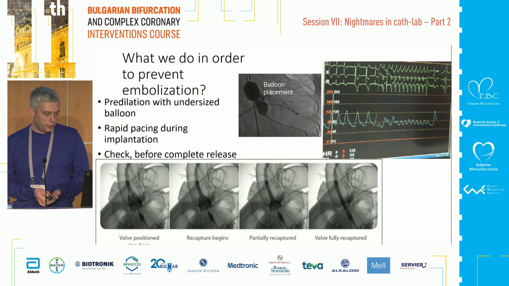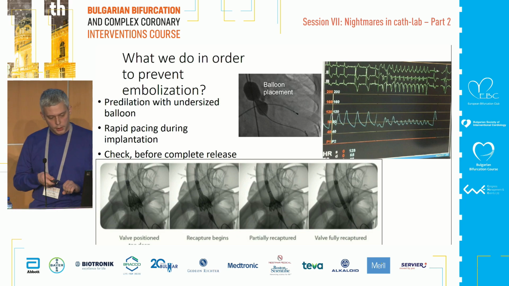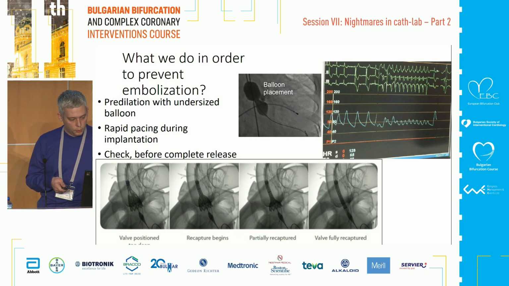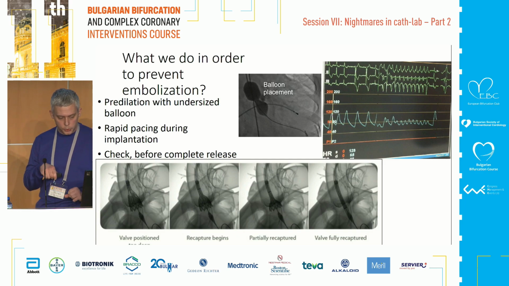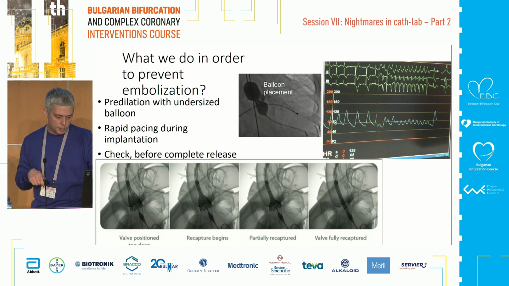And the third thing is something that is special for the delivery system of Medtronic valves. As you can see below, during valve implantation, there is a position where the proximal part of the valve is completely released, but the distal one is not. This position is marked with a special click on the system.